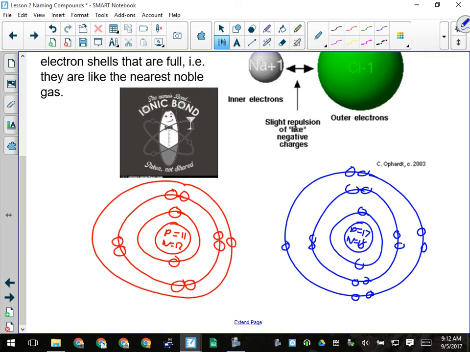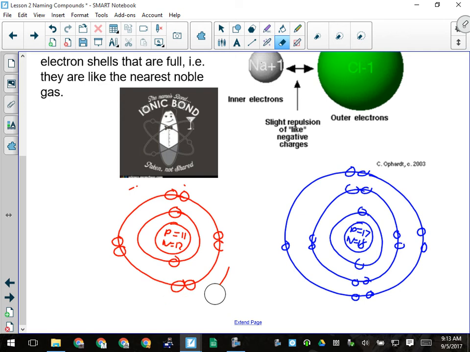Well, it's a match made in heaven. Sodium needs to dump 1 electron. Chlorine needs 1 electron. That's why sodium chloride is a very common substance. They go together very well. In an ionic compound, where there's an ionic bond, the electrons are traded. So sodium gives this electron up and loses its outer shell.